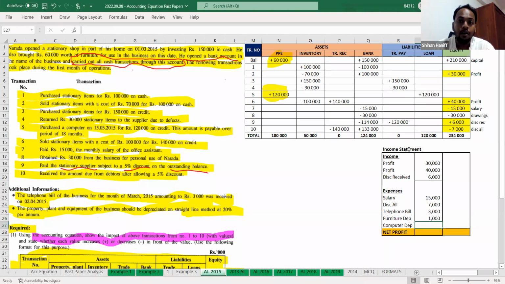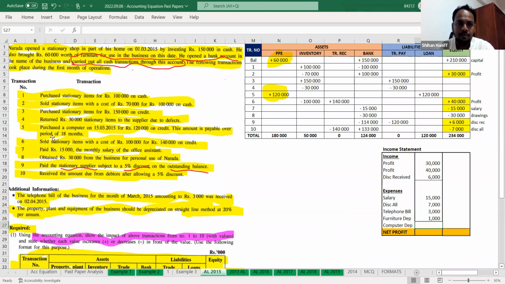So it's 1,000. It's not 12,000. If you put it as 12,000, it's wrong. Okay. 12,000 is wrong. It's only 1,000.